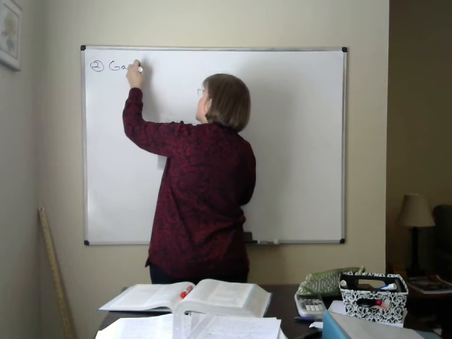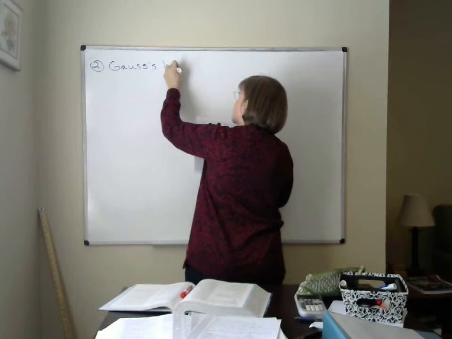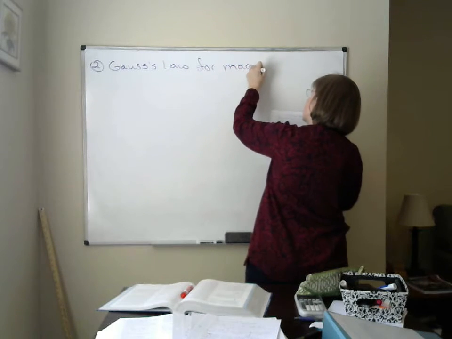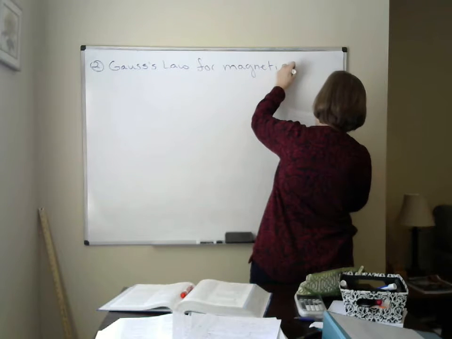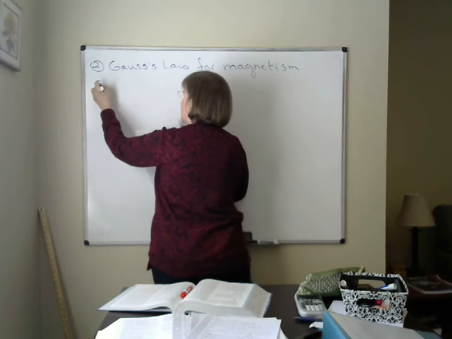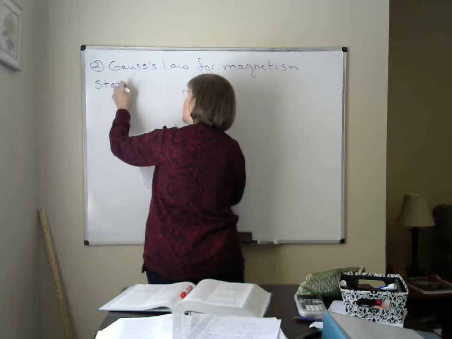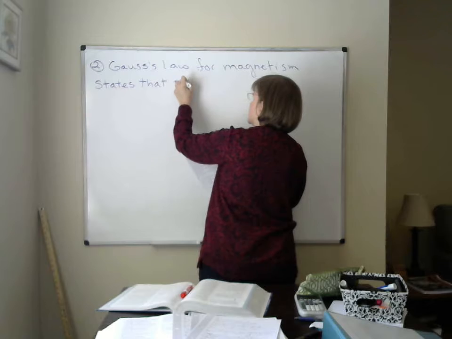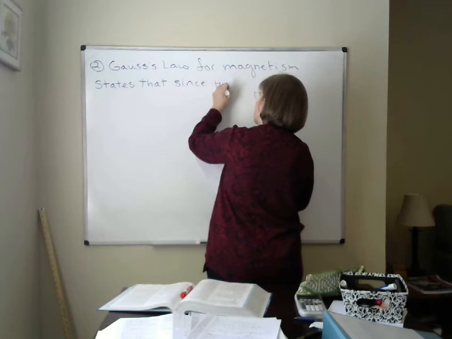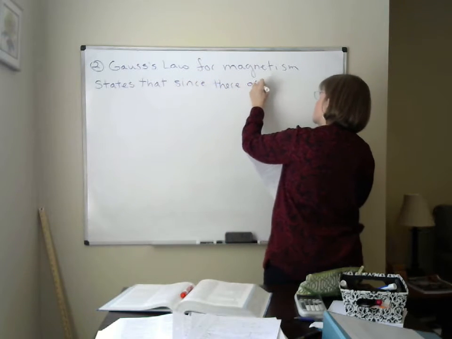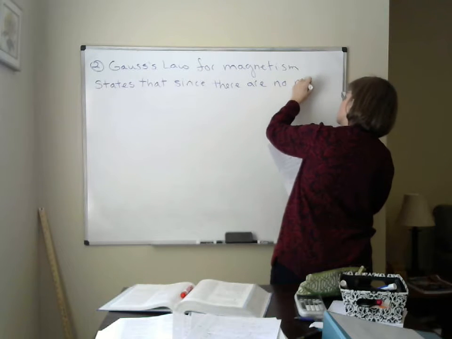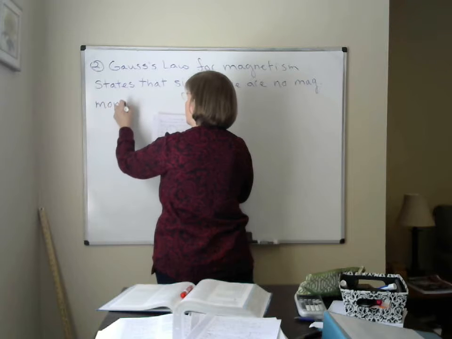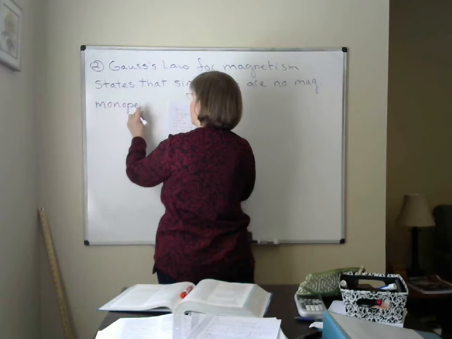Gauss's law for magnetism states that since there are no magnetic monopoles, we know there are no magnetic monopoles, or if we find them, we're going to be rewriting electromagnetic theory.